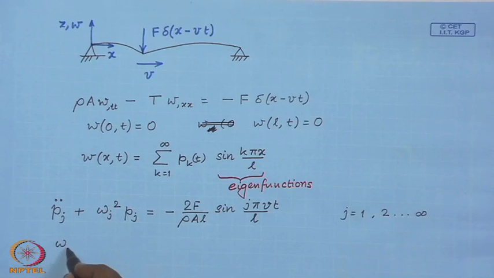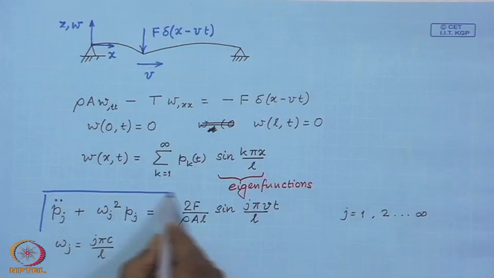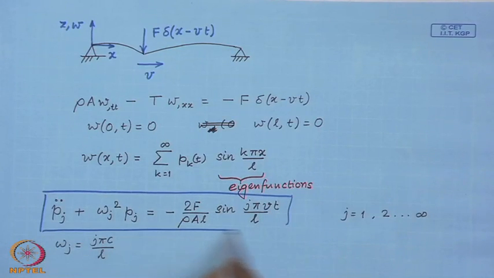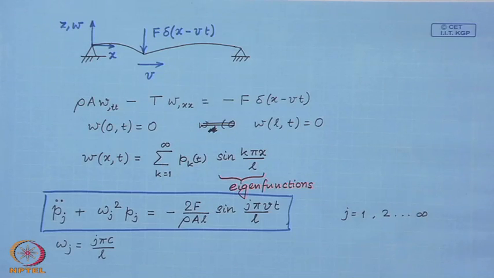where this omega j, so this is our equation of motion.